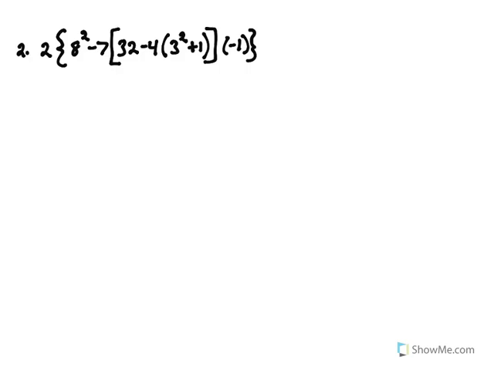As you can see, we're using 3 sets of parentheses. So we have parentheses, right? And then we have brackets, which is the same, just a different shape. And then we have braces. All those have equal priority.